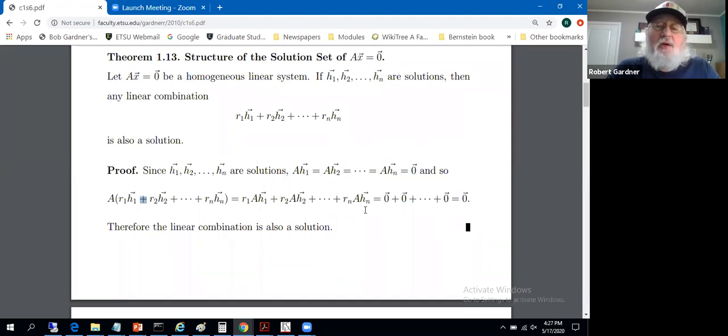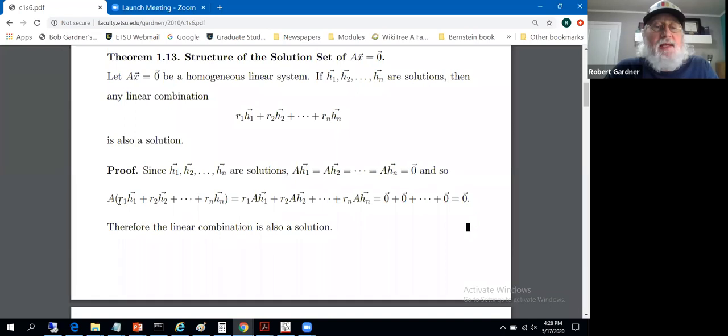Distribute the A onto each of those vectors, pull the scalars out front, properties of matrix multiplication. Now we've got R1 times AH1. Hey, but AH1 is a zero vector. So we've got R1 times a zero vector. We got R2 times a zero vector, up through R sub n times a zero vector. That's zero vector plus zero vector plus zero vector, n times, it's the zero vector.